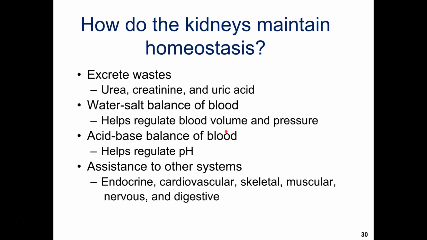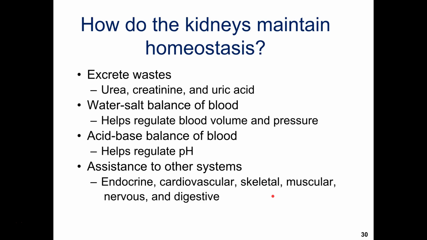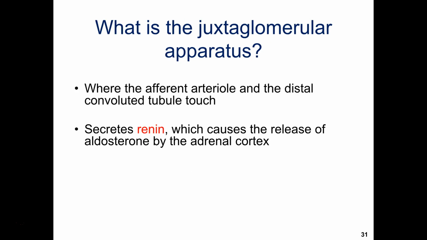It helps you maintain the pH balance of your blood, or the acid-base balance of your blood, by releasing various ions such as hydrogen ions and bicarbonate ions that are helping you to keep your blood roughly neutral. And it assists other systems such as the endocrine, cardiovascular, skeletal, muscle, nervous, and digestive system by delivering oxygen to them and picking up wastes from them.